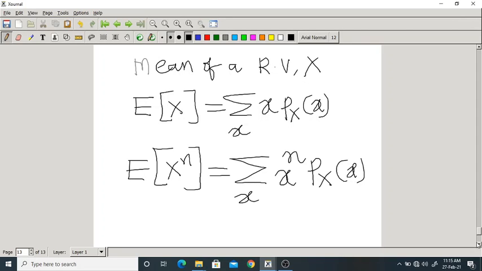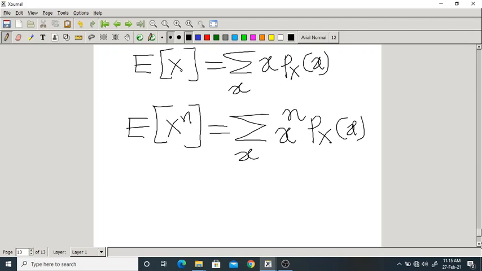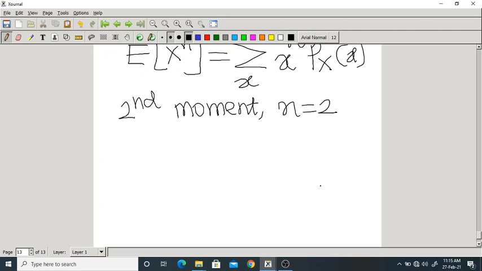Suppose if I ask you second moment, this is nth moment, no? So second moment means n equal to 2, correct? Then what happens?